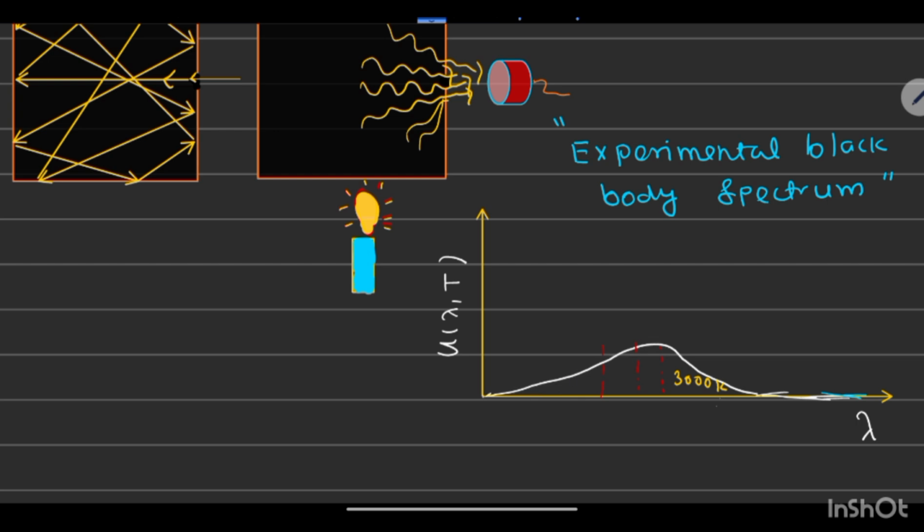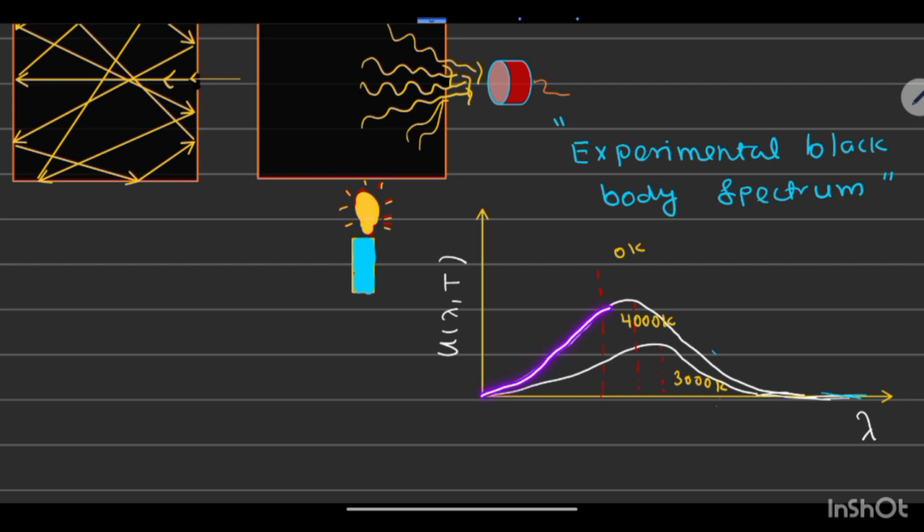Next, if you increase the temperature of the blackbody by inputting more energy, it will settle into a different equilibrium condition, and at that elevated temperature you can see the peak of the energy density distribution shift towards the lower wavelength side. The overall intensity of spectral density increases.